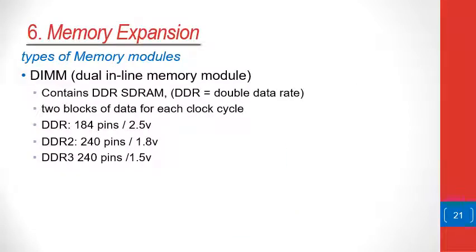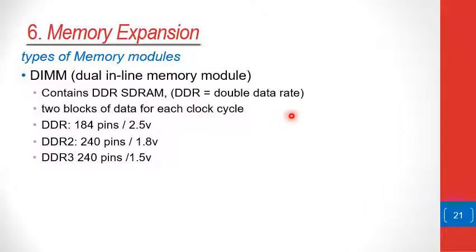So the most common type of DIMM is what's called DDR SDRAM, the DDR meaning double data rate. The reason why it's called double data rate is because 2 blocks of data are accessed for each clock cycle, as opposed to a typical SDRAM whereby only 1 block of data is accessed per clock cycle.